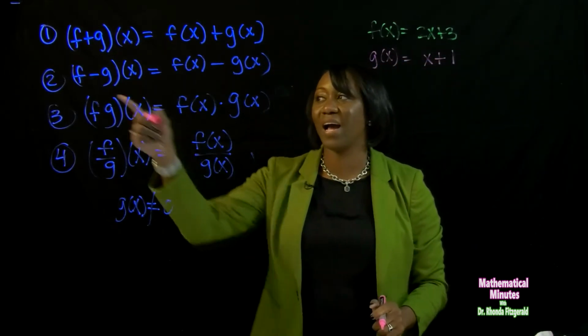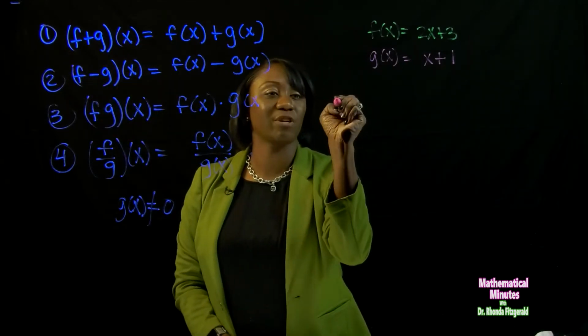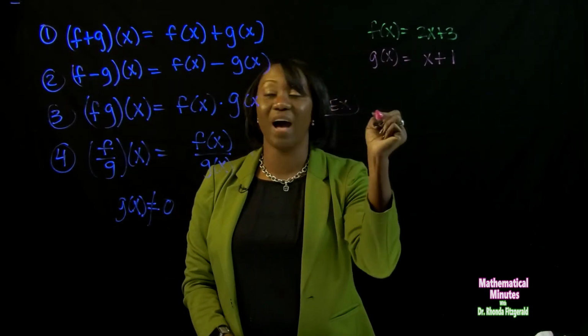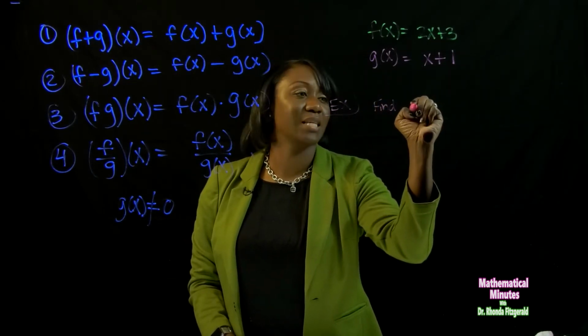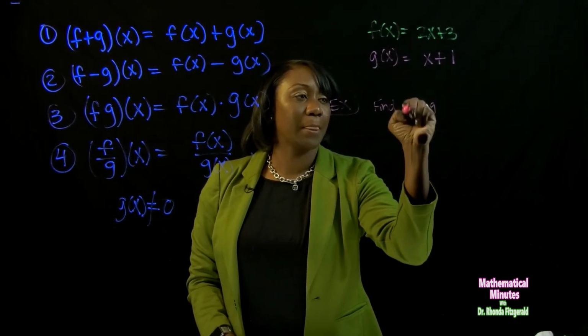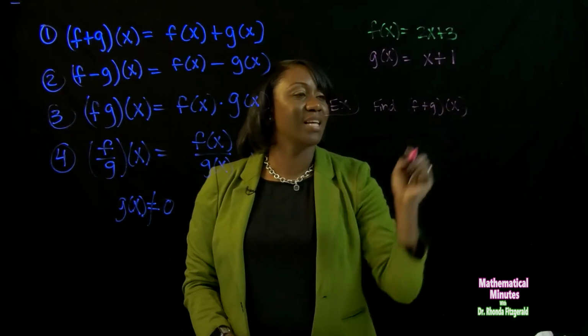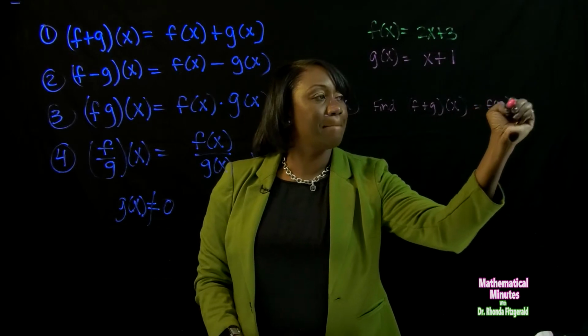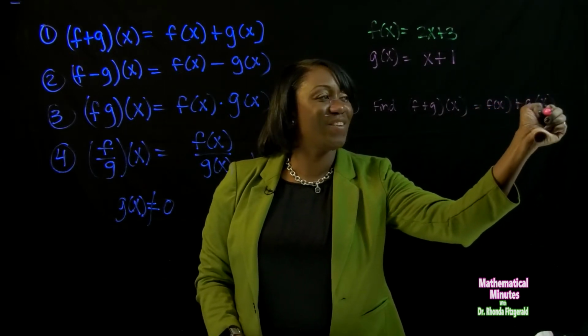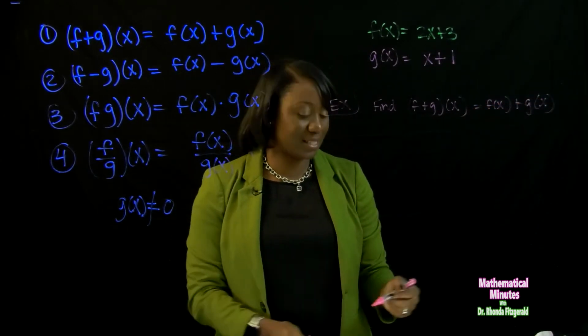So how do I find these two pieces? My very first example, we're going to calculate f plus g of x. So once again, we note that this is equal to f of x plus g of x.